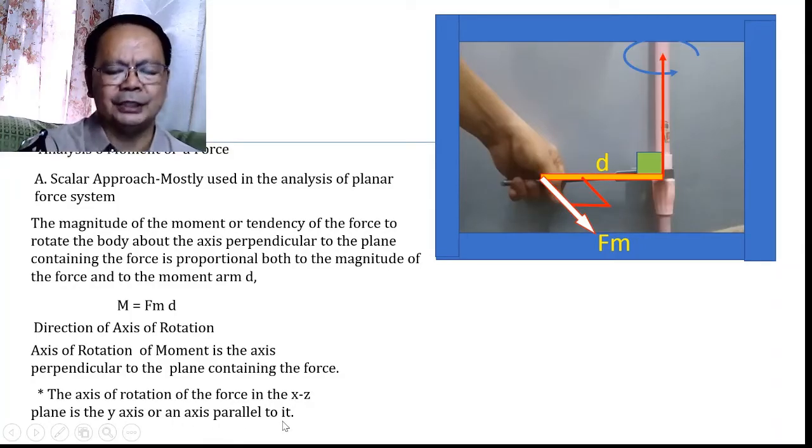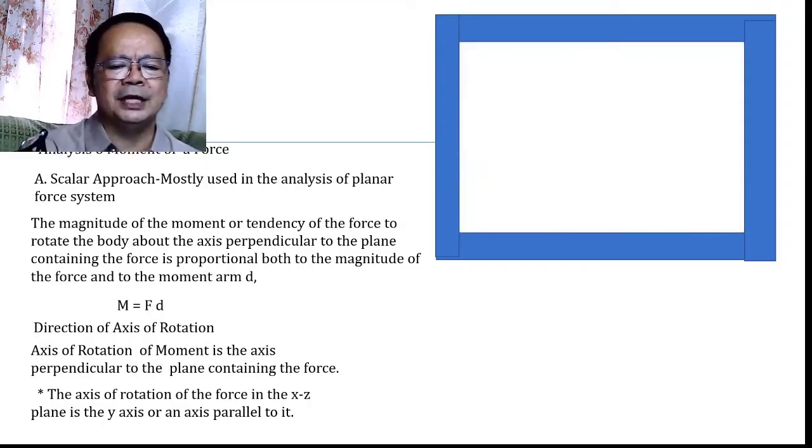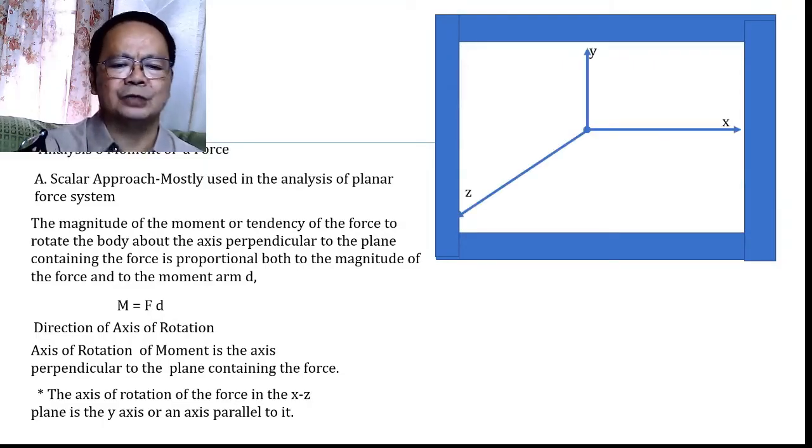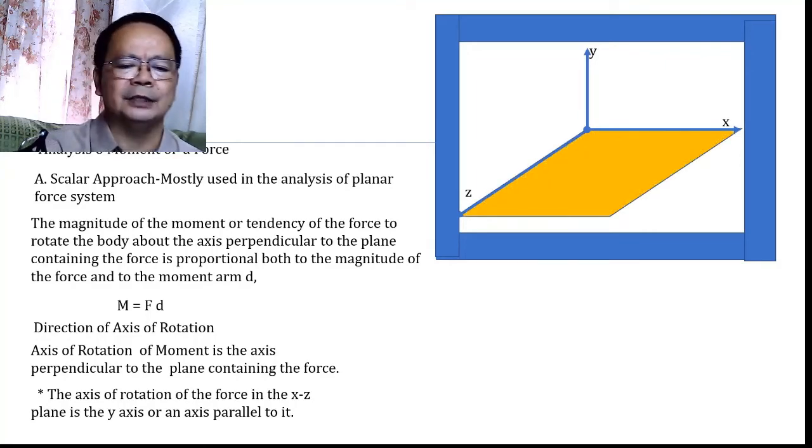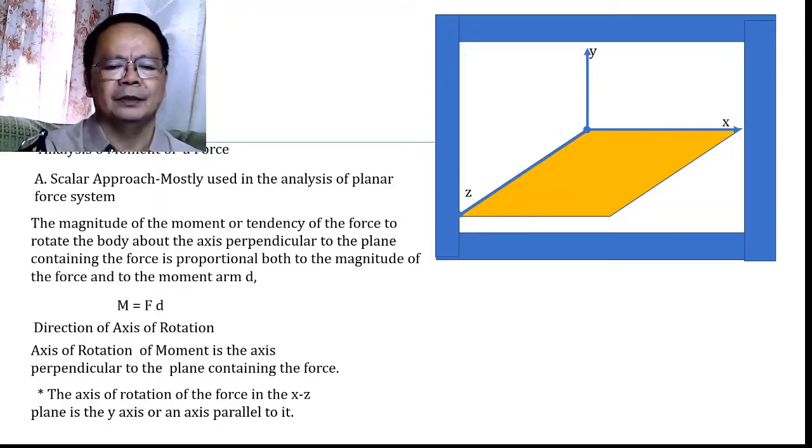So let us show it here in the illustration. Imagine natin that we have here our xyz axis na kung saan itong plane ito tinatawag nating XZ plane. Halimbawa, on this plane, there lies an F having a magnitude of F sub m.